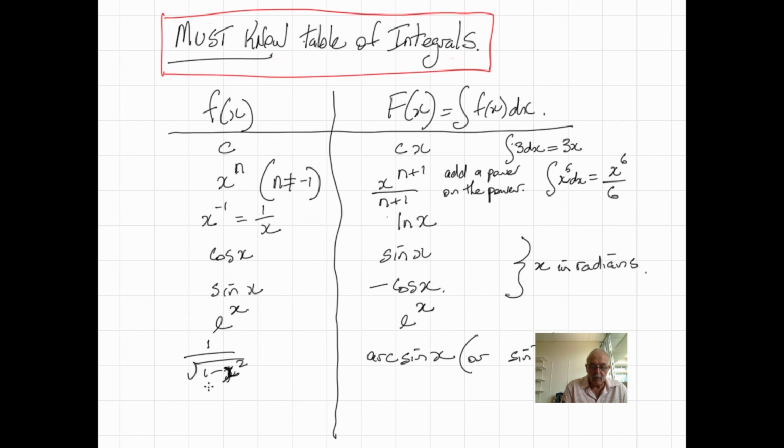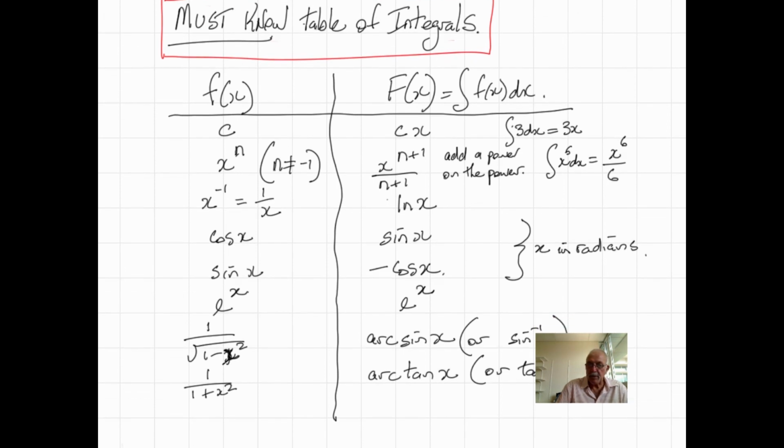The integral of 1 over 1 plus x squared will be equal to arctan of x. Once again, that's the way it's written on your calculator, tan to the minus 1 of x. That is the angle whose tan is x. And we've got two more down here.